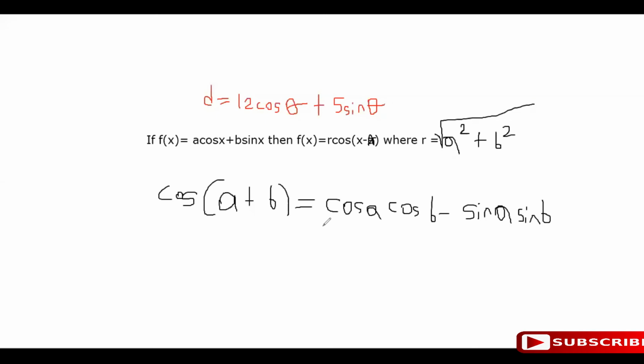So let's show you how we do that. 12 times the cosine of theta plus 5 times the sine of theta can be written in the form r times the cosine of theta minus alpha.